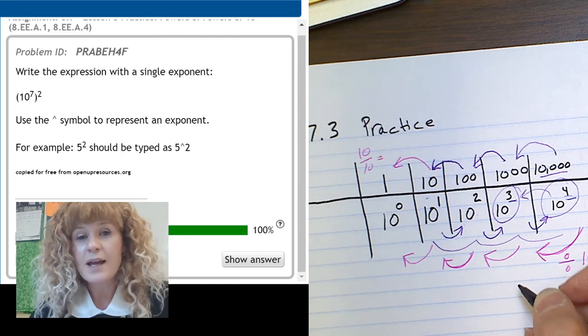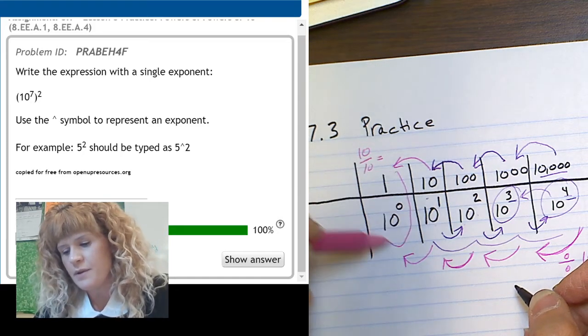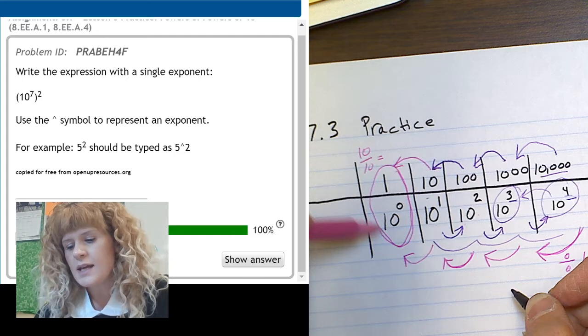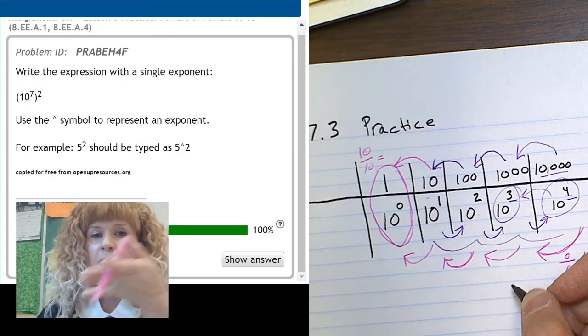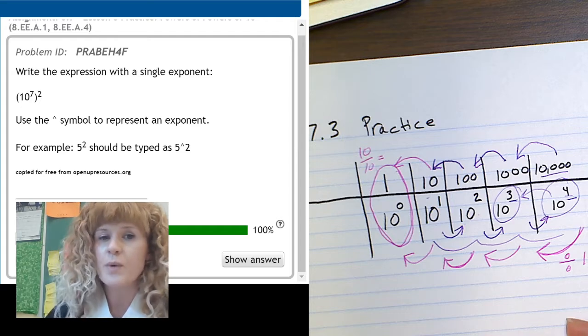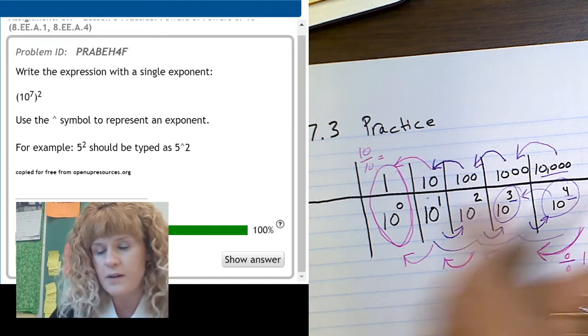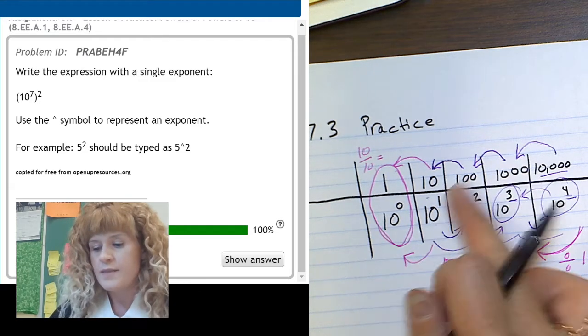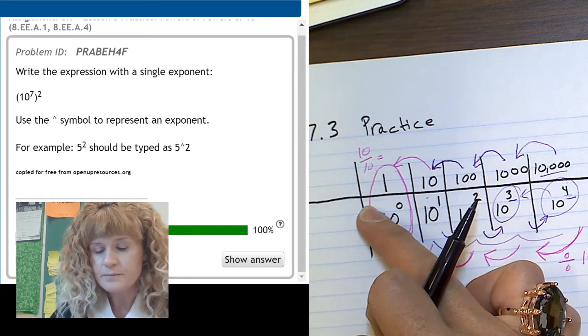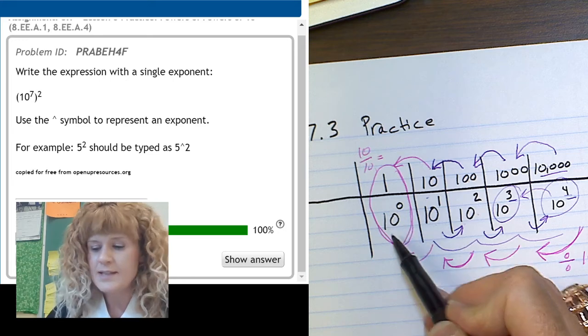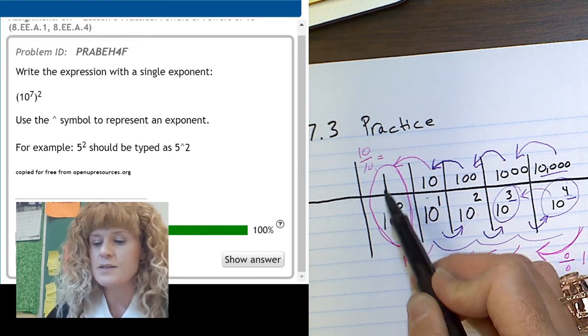This is something new. Now you know that 10 to the 0th power equals 1. And this chart shows you where that comes from. If you follow the pattern, then as you keep dividing by 10, 10 to the 0th is 1.